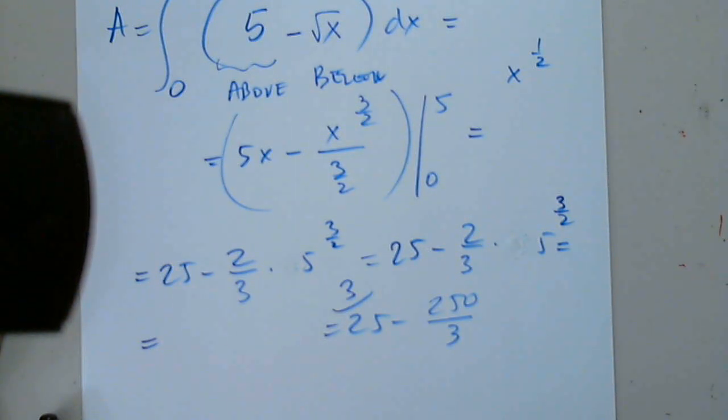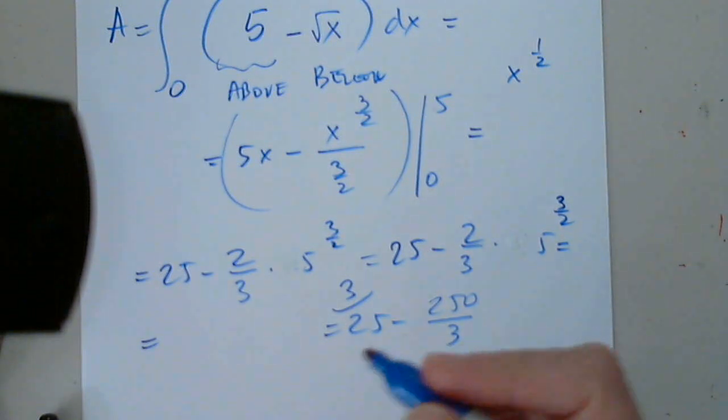So minus, in parentheses, 2/3. And we multiply by 5. And the power is 3/2. That's it. So 17.55 approximately.